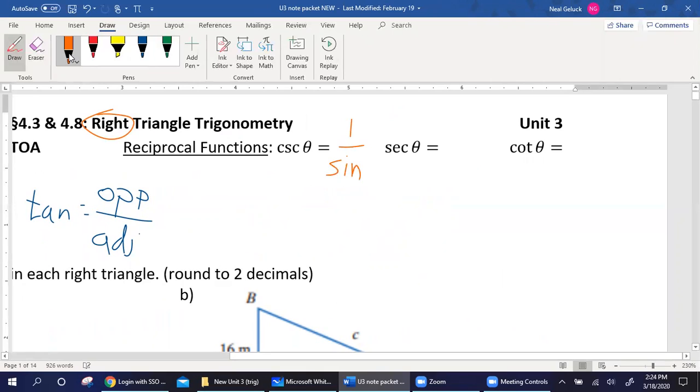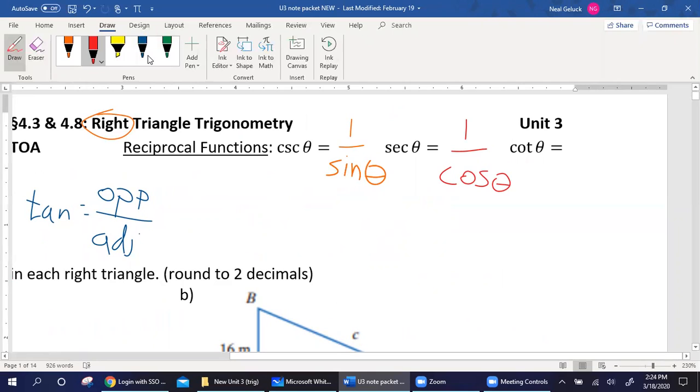Now you got to be careful with this, that the sine goes with the cosecant. It doesn't sound like they should match each other, but they do. The secant is 1 over the cosine. So again, these sound wrong. Sine sounds like it should go with secant, but it doesn't. Sine goes with cosecant. Secant goes with cosine.